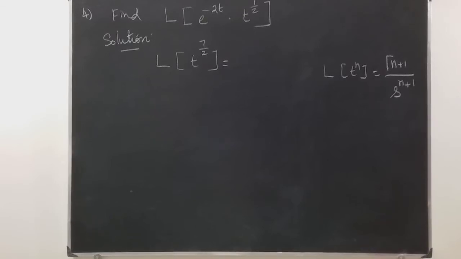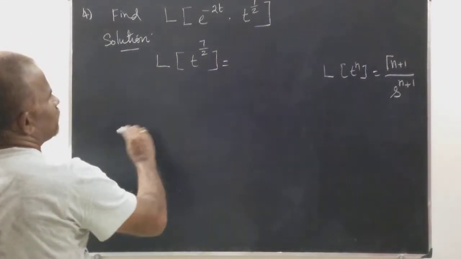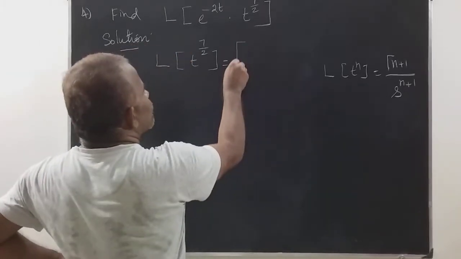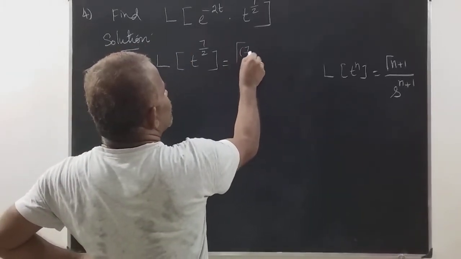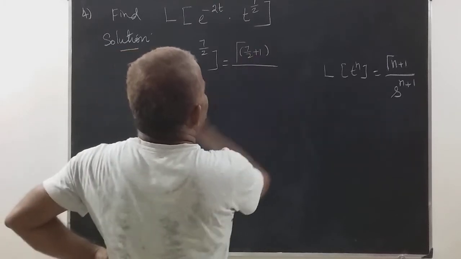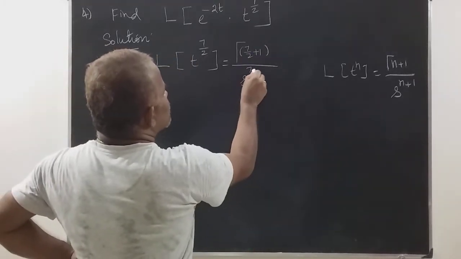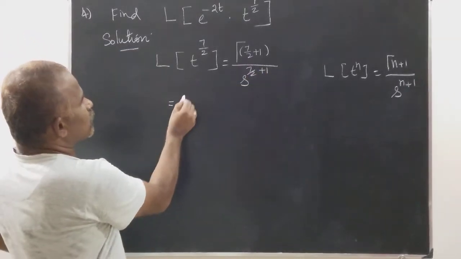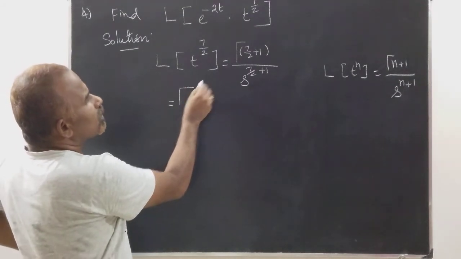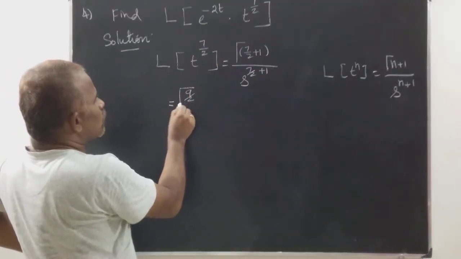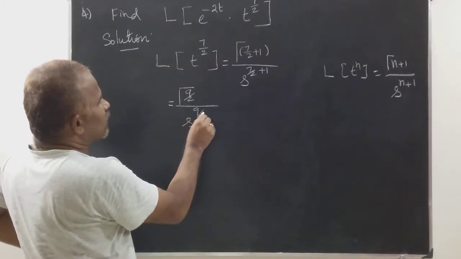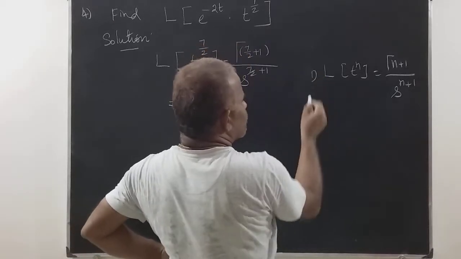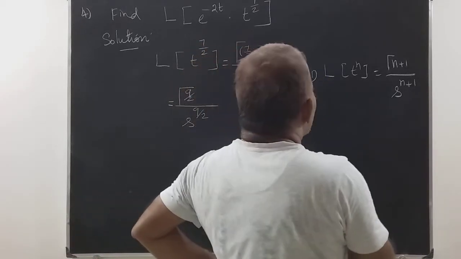Both are the same. So therefore I can write gamma of 7 by 2 plus 1 divided by s power 7 by 2 plus 1. So this is equal to gamma of 9 by 2 divided by s power 9 by 2.